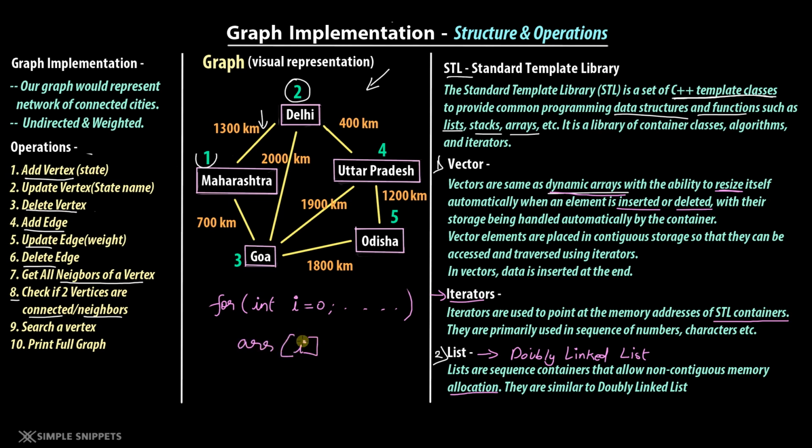So this i is nothing but an integer type element which is used to iterate through this array. Similarly, we have iterators which are specially used to iterate through the STL objects, the objects created from the STL container types, for example vectors or lists. If you want to go through them one by one, these iterators can be used, and we're going to use them. So right now you just need to understand that.